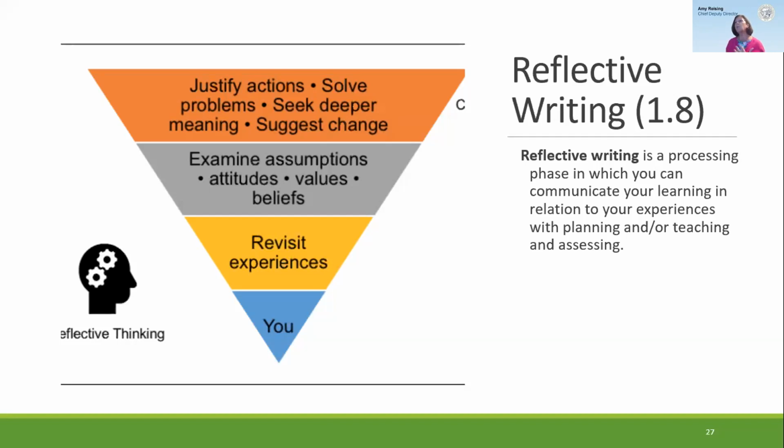You're processing through what you learned and you're writing about it, in which you communicate your learning in relation to your experiences. And that's why we want you to go back and cite your evidence to steps 1 and 2. Reflective writing and being a reflective practitioner is a big goal for every single California educator.